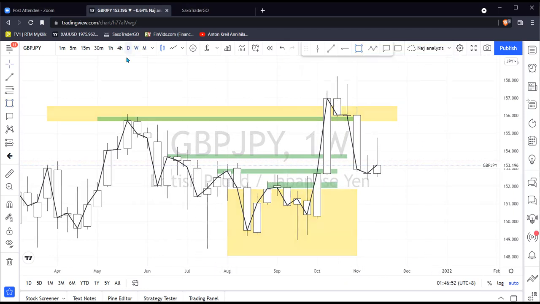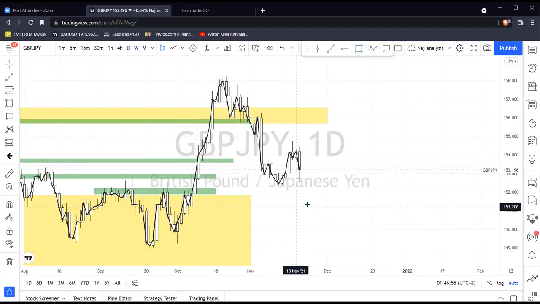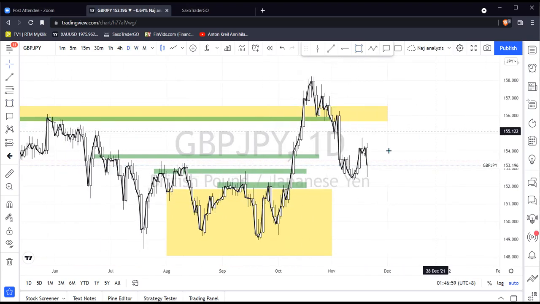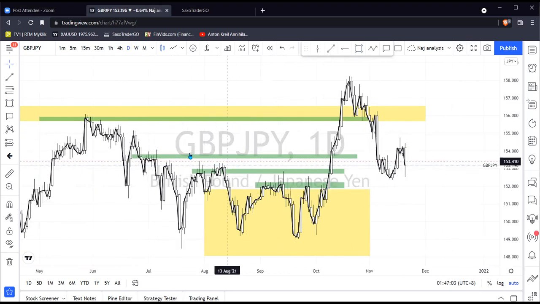And then if we go to daily, we can see that the reason I ask you guys to actually mark all the breakouts here is because this all actually serves as a roadblock. Get what I mean? Oh, okay.